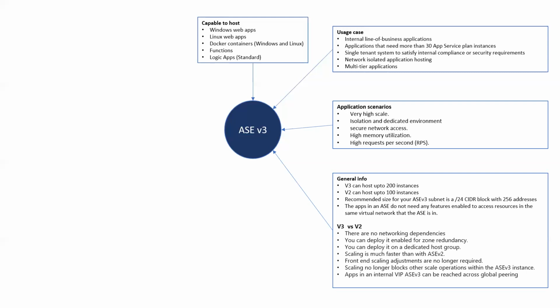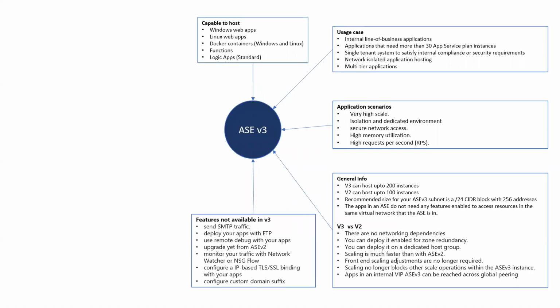If you are looking for dedicated hardware, that's another feature of v3. Scaling is much faster in v3 compared to v2. That's one of the biggest differences. People have to spend a lot of time while scaling app service environment v2, whereas in v3 they have improved scaling performance a lot. So these are some of the differences between app service environment v2 and v3.